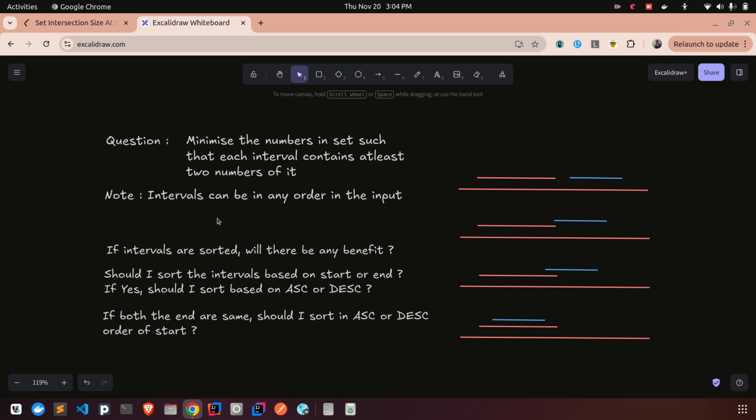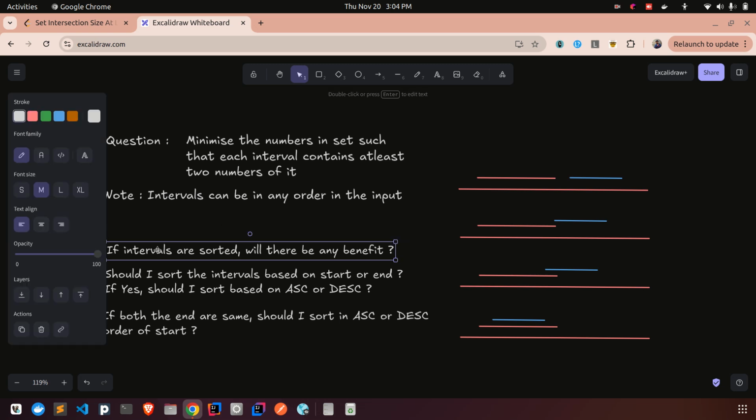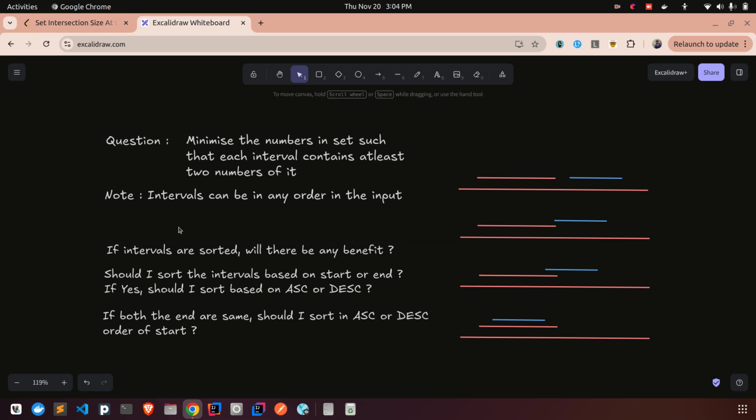So we have to ask ourselves: if the intervals are sorted, will there be any benefit? Just think about it. If intervals were already sorted, and we pick any two numbers from a particular interval, then if the next interval is not overlapping, I should pick two more elements from that other interval.